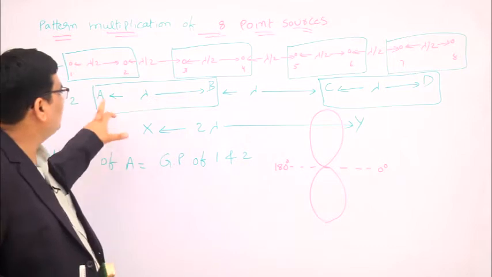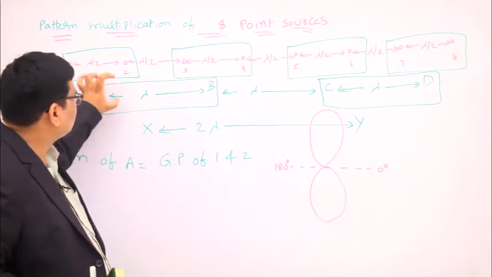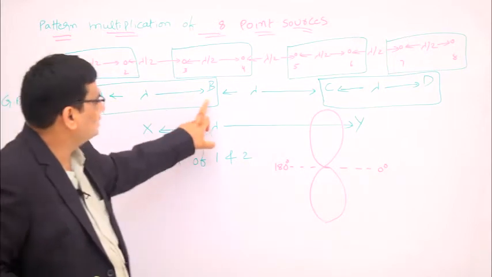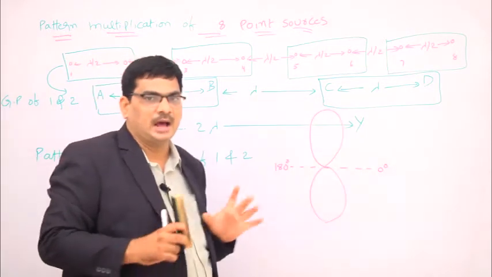Now coming back to the next group, A and B separated by a distance lambda.